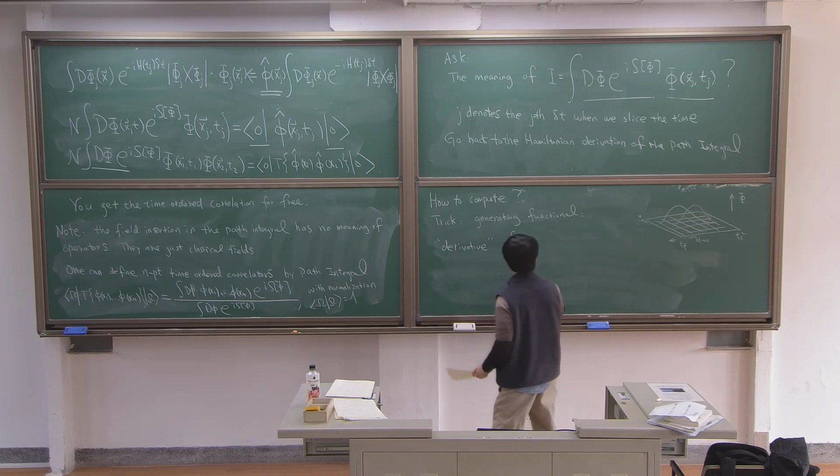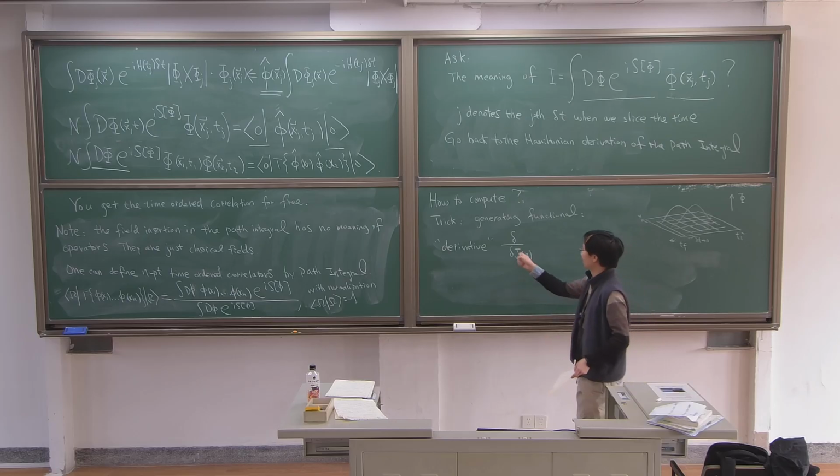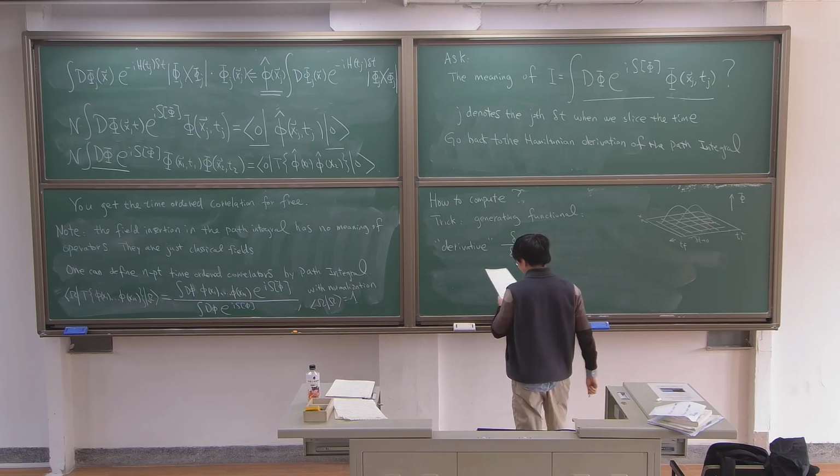This derivative is with respect to some function located at some space-time point. You see, I denote it as some kind of variation. It's indeed a variation with respect to a function at a space-time point.